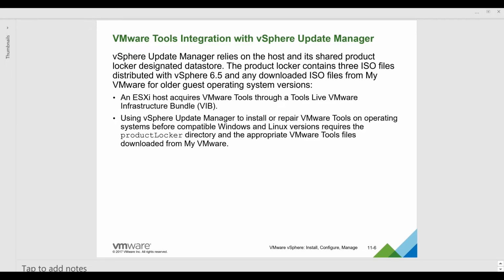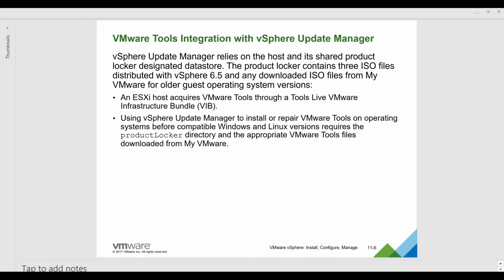We can use Update Manager to stage that and install it, like schedule it, install it at a time that is not as busy, because the VM is going to have to be rebooted after the tools are updated. It does this through a VIB, and that's a VMware Infrastructure Bundle.